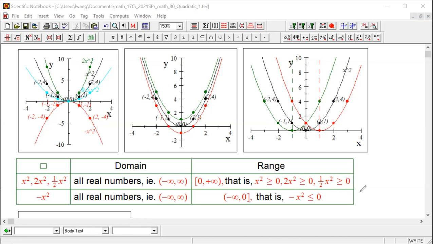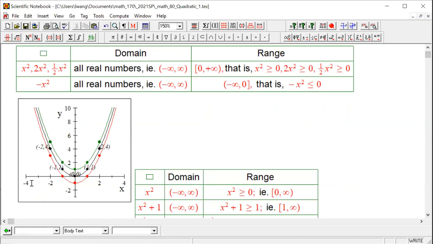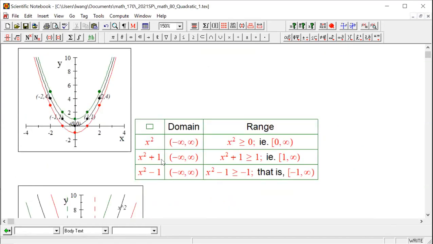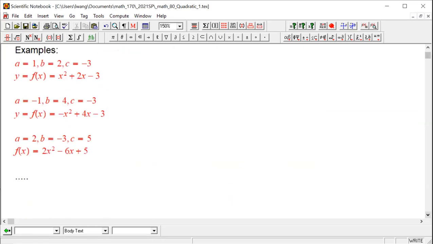And in other cases, suppose we have x squared plus 1, or plus 5. Then the range will be greater than or equal to 5. So that was pretty straightforward, right? These examples give us pictures of how to determine domain and range in some special form.